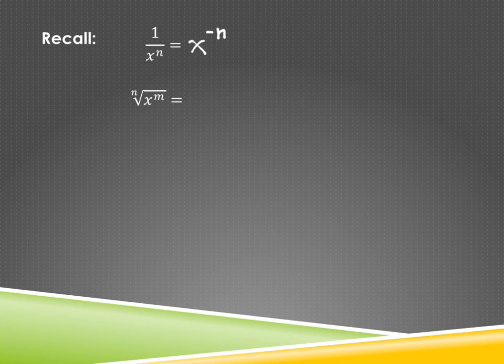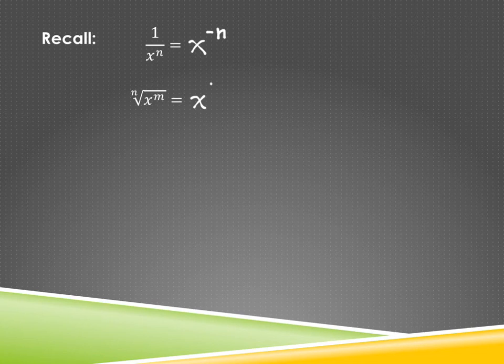We can do something similar with radicals. This doesn't work if there's addition and subtraction under radicals or in denominators. Only if the base to the exponent is the only thing there. So don't go carrying things too far. It's just a simple variable to an exponent. Does anybody remember how you rewrite the nth root of x to the m as an exponent?